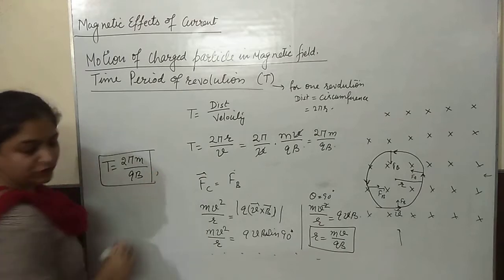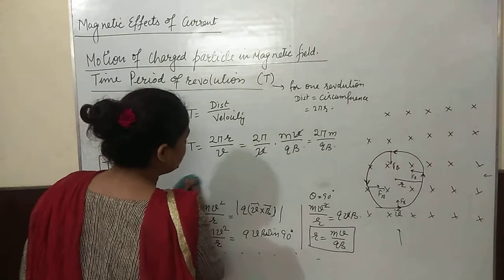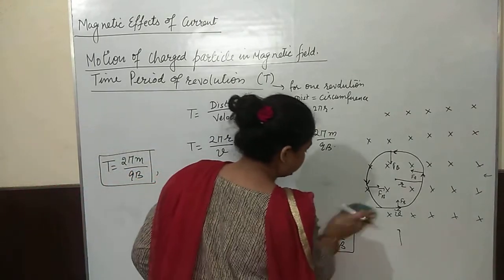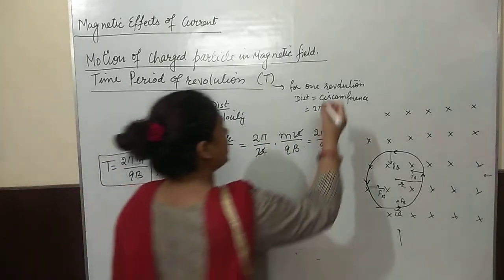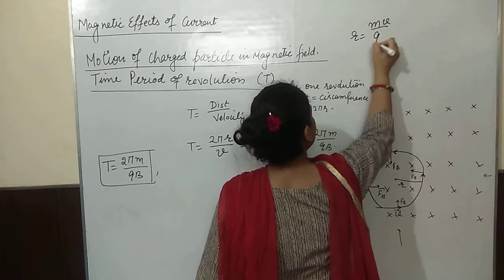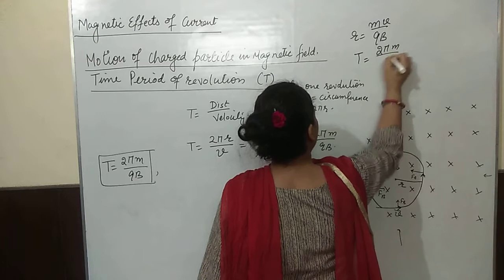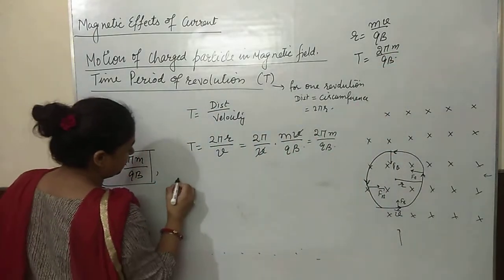And the third thing is the frequency, which means how many revolutions the charged particle can have in 1 second. So the things we have derived: r is mv over qB, time period is 2 pi m over qB. And the third thing, frequency.